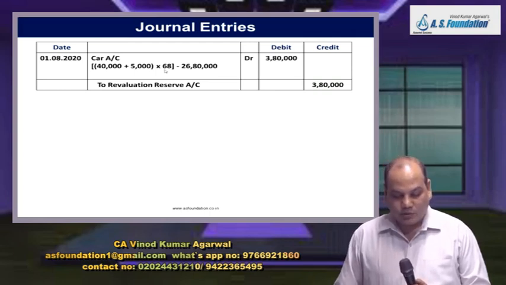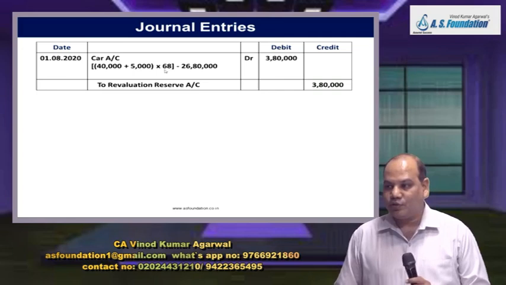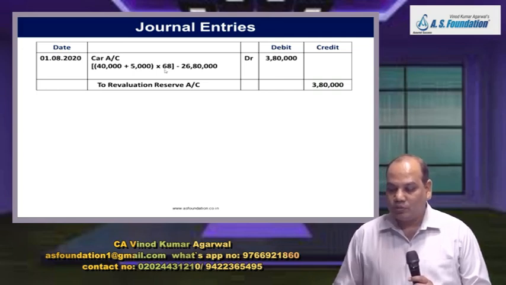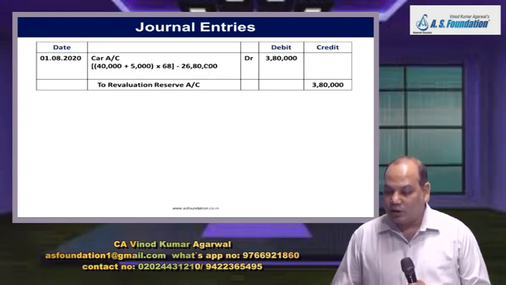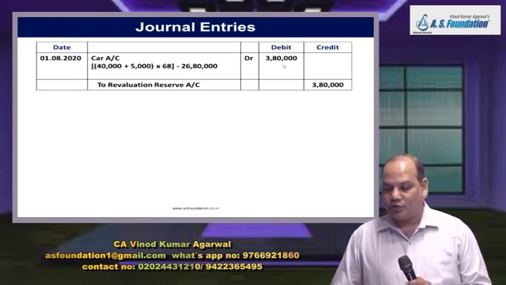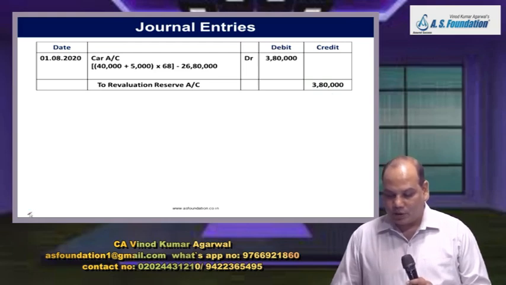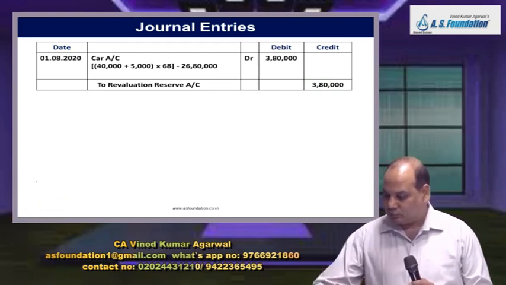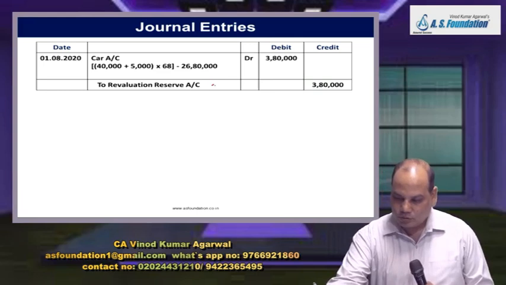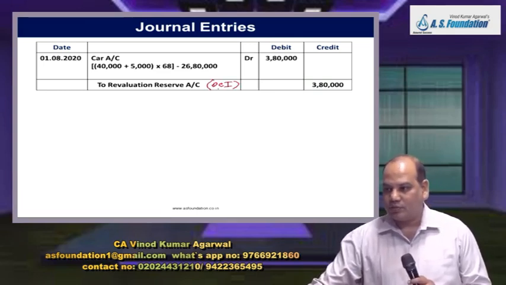Some students just multiply 5,000 into 68. No, 68 is applicable to the entire car. And then you deduct the previous carrying amount. Then the difference is your revaluation reserve in bracket OCI. Okay. 3,80,000.